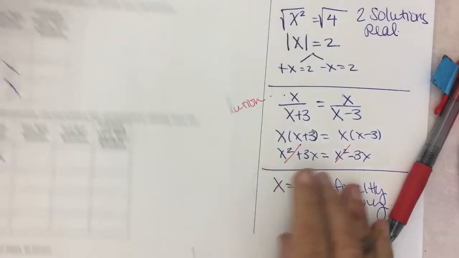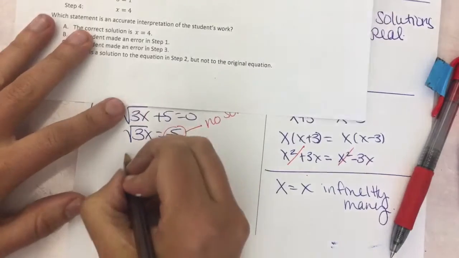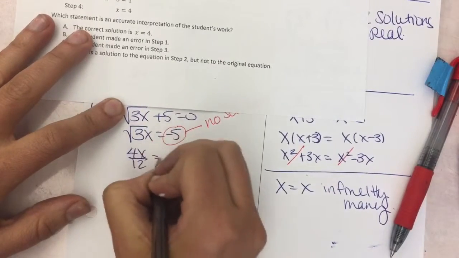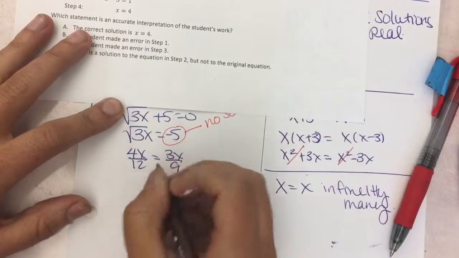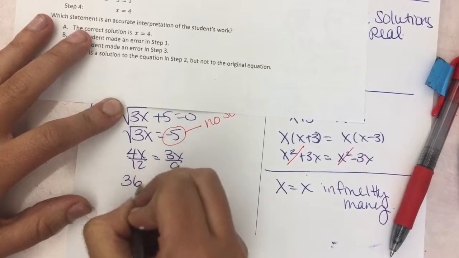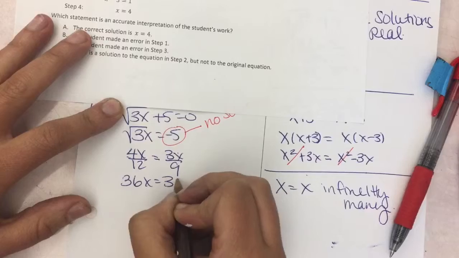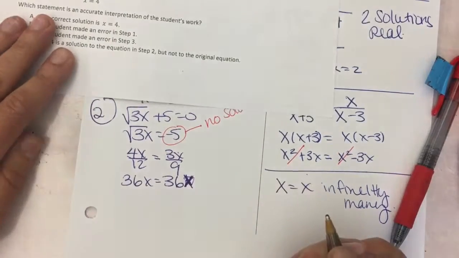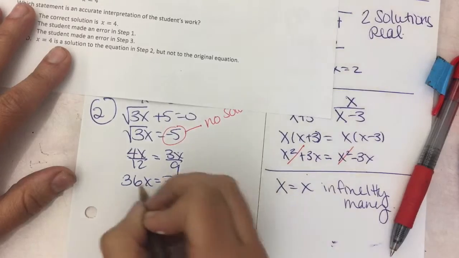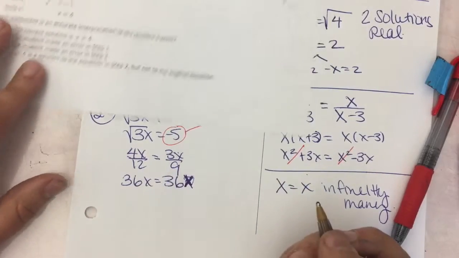Okay, here I'm going to cross multiply. So I have 4x over 12 equals 3x over 9. When I cross multiply, I get 36x, and when I cross multiply the other way, I get 36x. So I can see that relationship of x equals x, or they're identical on both sides.